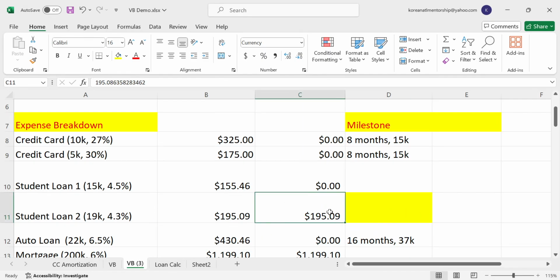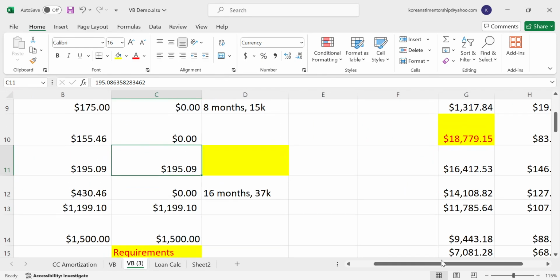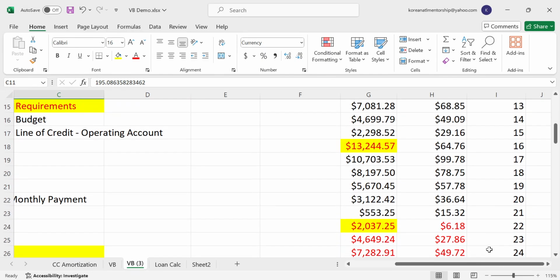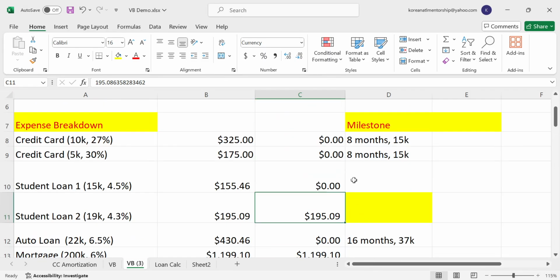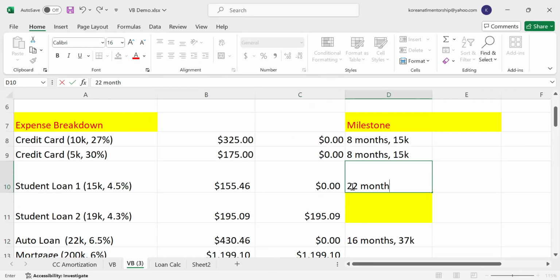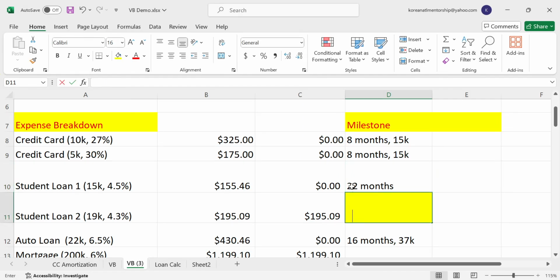So this is going to be, hold on, I'm going a little bit too crazy here. So 22 months, and then it's 37 plus 15. So 52K.